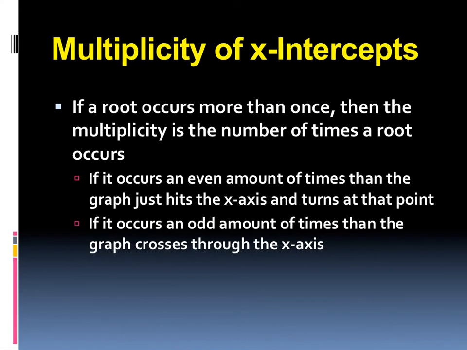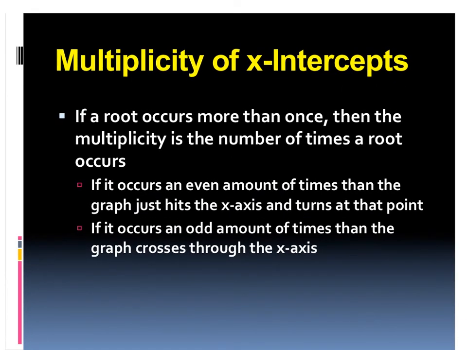Okay, so this is why it's important that something occurs more than once. The multiplicity of a root, or of an x-intercept, is if a root occurs more than once. So if it just occurs once, we just list it. But if it occurs more than once, the multiplicity of that root is the number of times a root occurs. If it occurs an even amount of times, then it's going to hit the x-axis and change direction at that point.